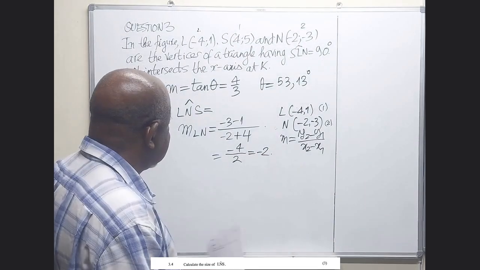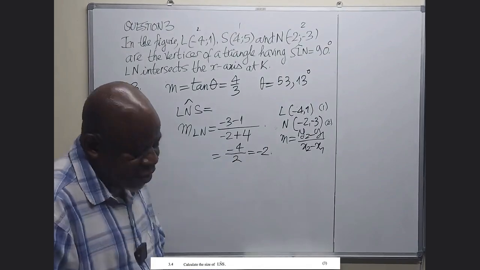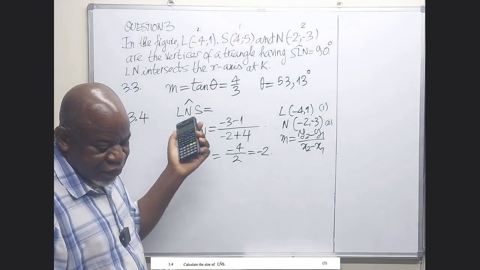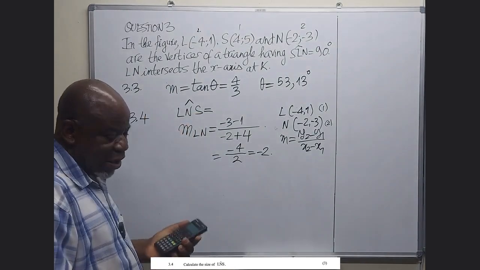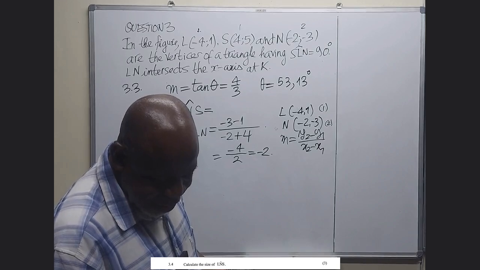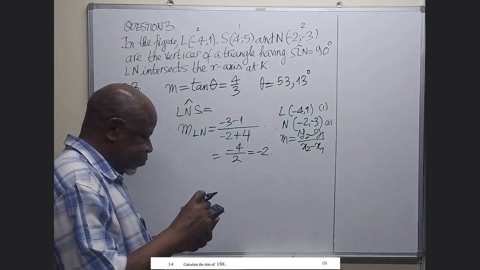With this gradient of LN, we're going to get the angle LNS. First, let's calculate angle LKO. When we check on our graph, angle LKO. Let's find first that angle.